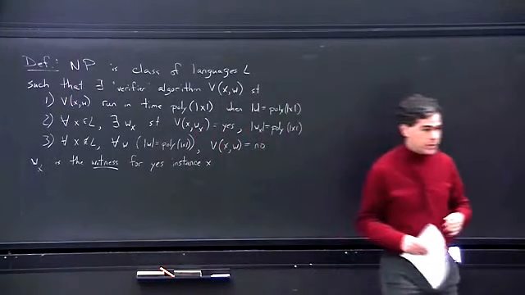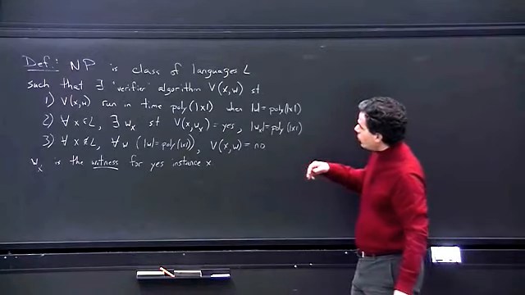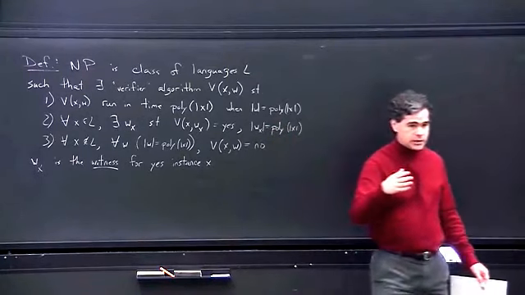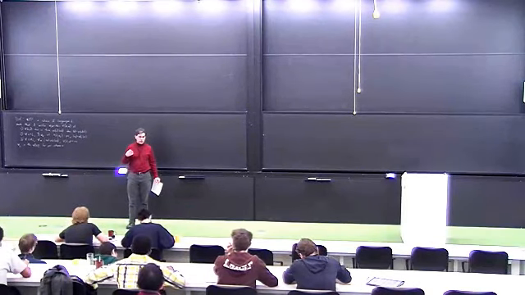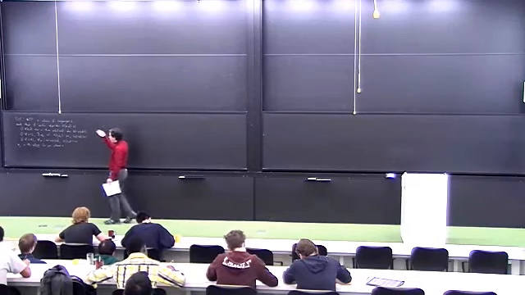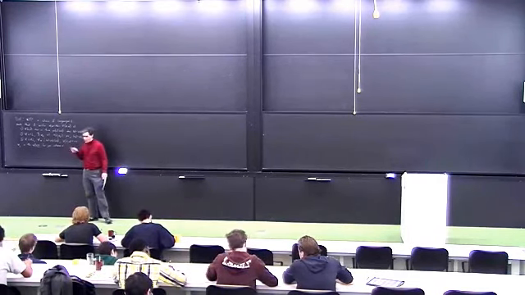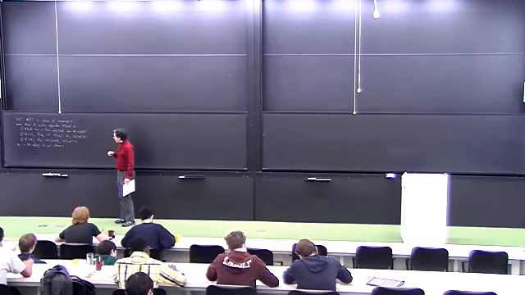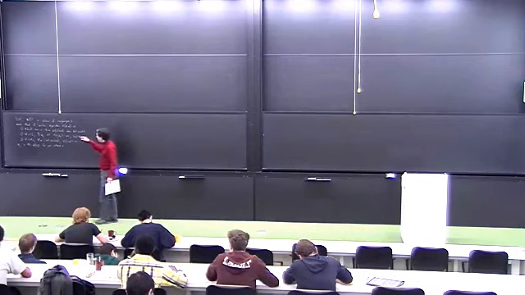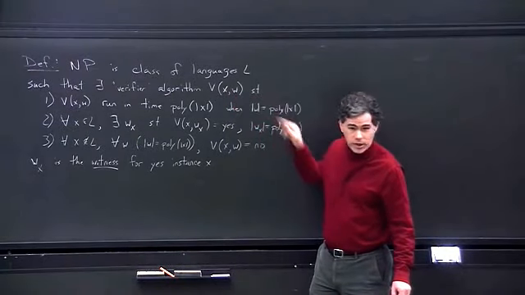Let me unpack this definition a bit. The conceptual idea of the class NP is that it's the class of problems that are easy to check. But you need some extra information to check the answer, and that's this witness. V is the verifier, the checking thing.